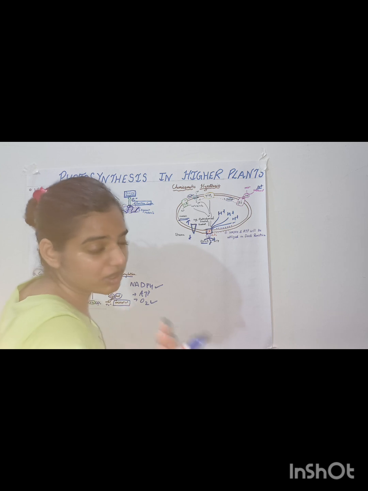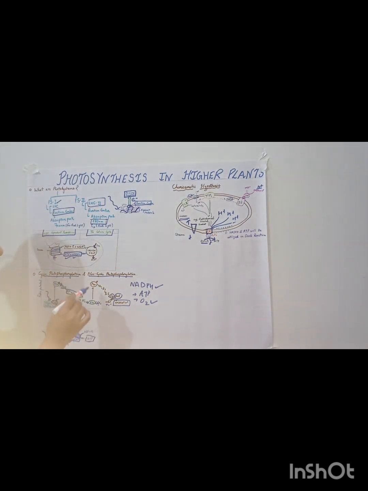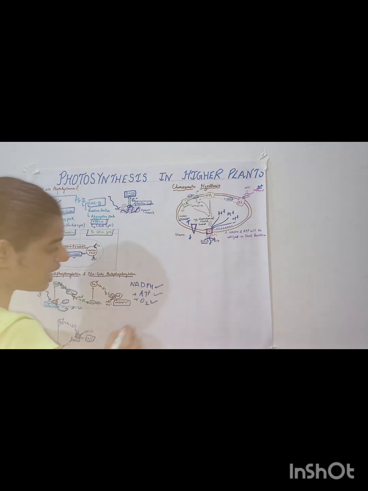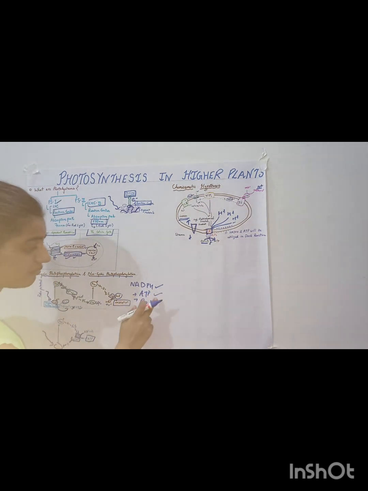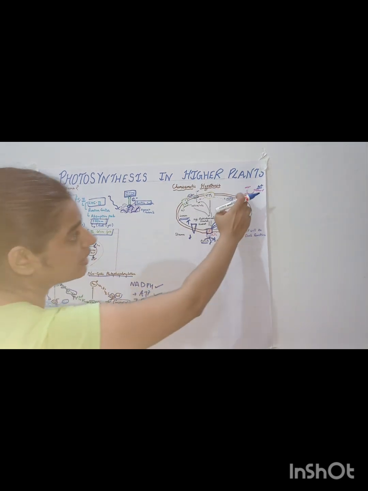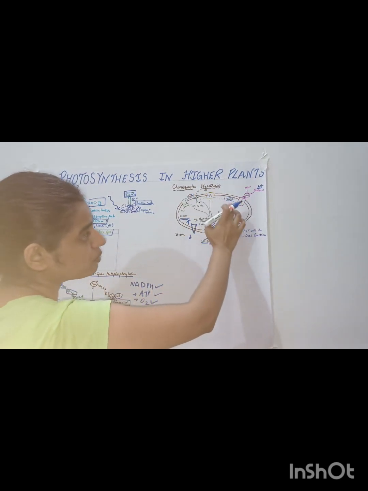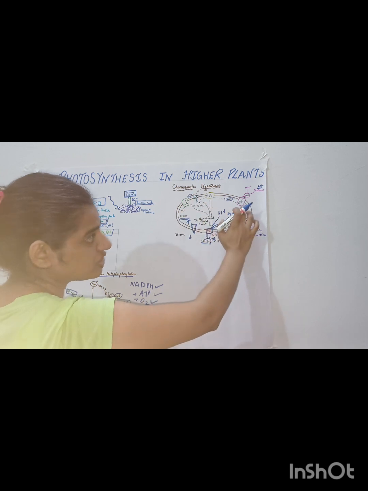So we have learned till now that in non-cyclic photophosphorylation, the three products are NADPH, ATP and O2. Oxygen is synthesized by the oxygen evolving complex from the splitting of the water molecule. NADPH is formed by the FNR molecule when the whole process of non-cyclic phosphorylation occurs.